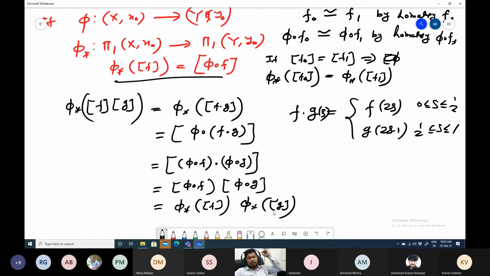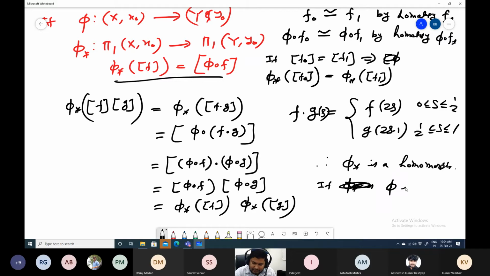So therefore, this is a homomorphism as well. So therefore, phi star is a homomorphism. Okay. Now tell me, if phi is identity.